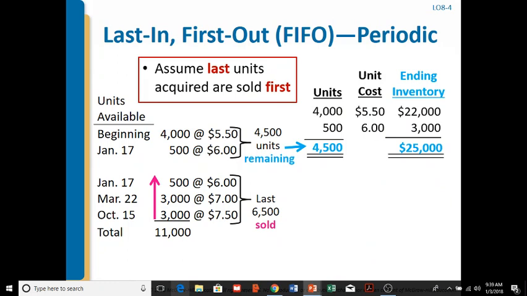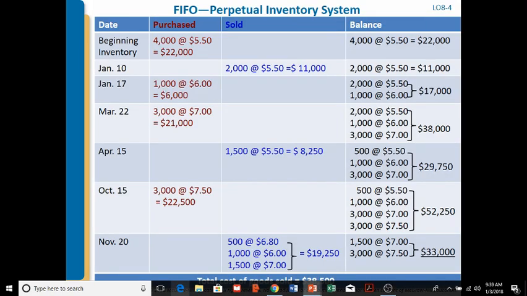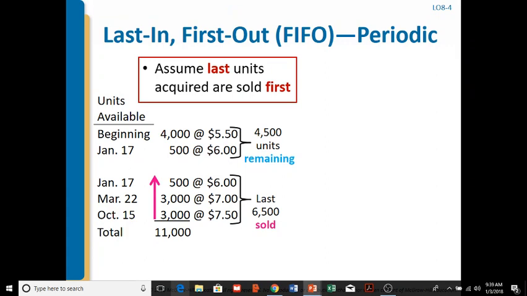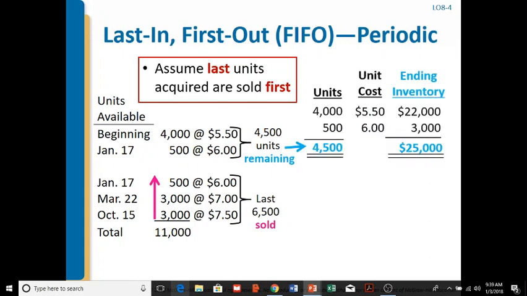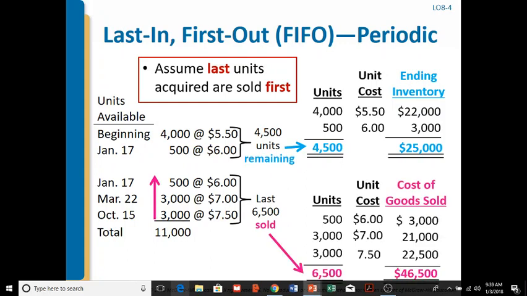So this is the periodic system. LIFO. Notice you're going to have a different result in your ending inventory amount and your cost of goods sold.